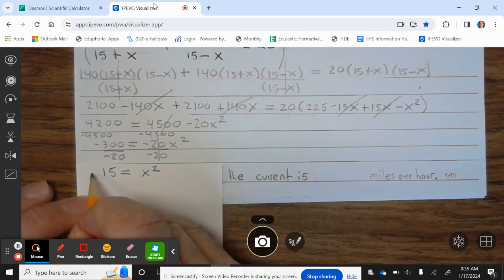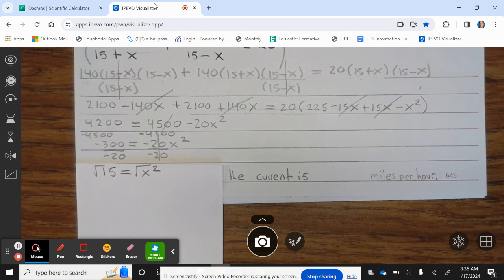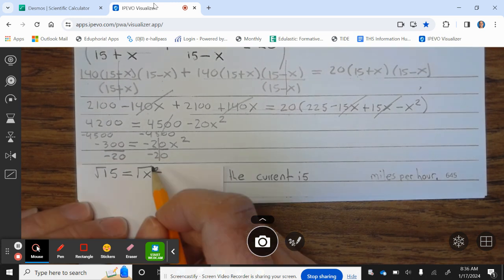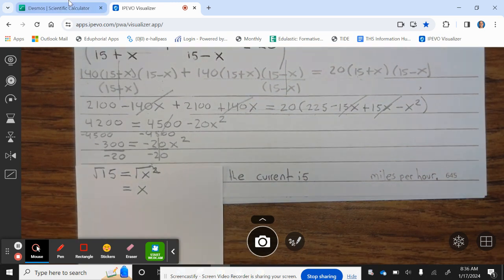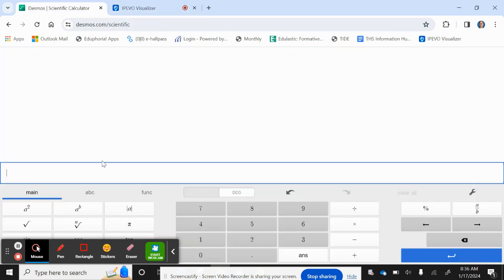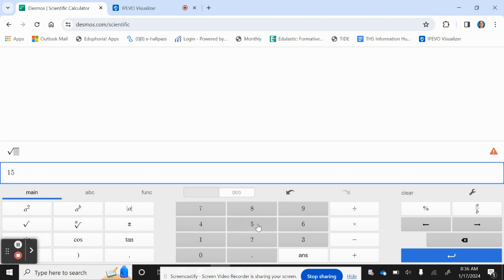And then the last step is we take the square root of both sides. We're only taking the positive square root because we're talking about current, and current has to be positive. So that cancels. You get x equals the square root of 15, which let's round to 1 decimal place, 3.9.